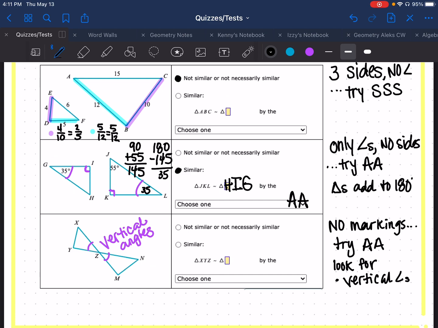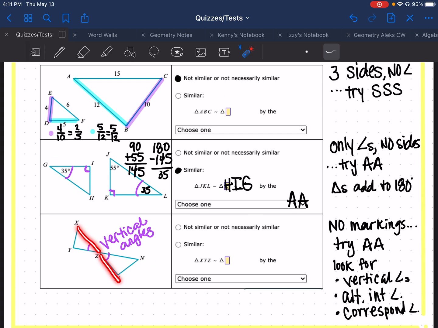Okay. Then I'm going to look to see if there are parallel lines so that I can look for my alternate interior angles or my corresponding angles. Okay. Notice there are no parallel lines. This angle and this line, that side and that side, they're not parallel.